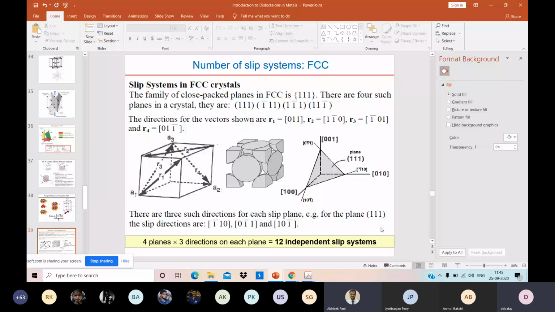And FCC metals are most ductile because their 111 planes are very close-packed planes, and they are octahedral planes. I am again, time and again, repeating that the arrangement of these planes is such that you will always find some plane or other in a favorable position, and slip occurs along them. This calculation is shown here.